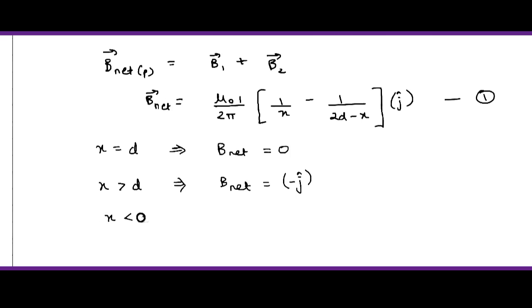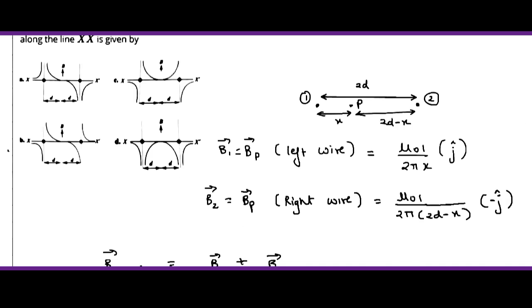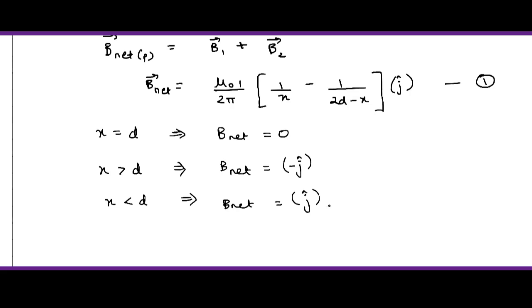And if x is less than D, the net magnetic field at point P will be along the positive J-axis. So using these three results, we will check the options.